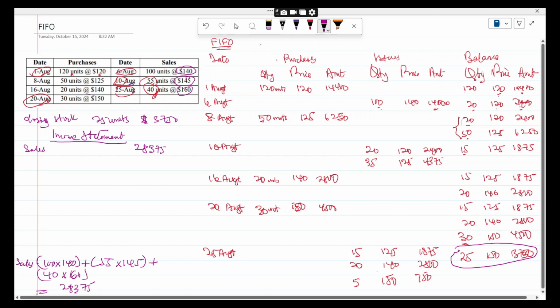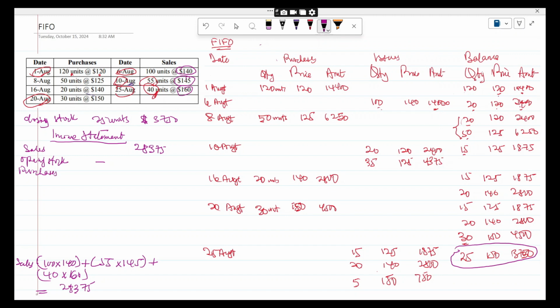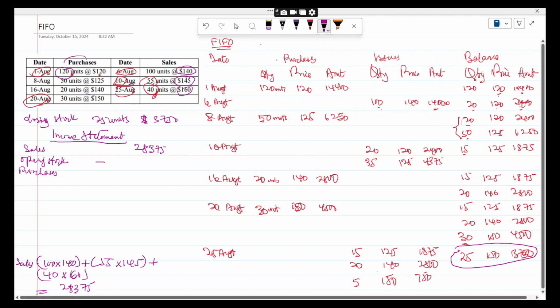So we need to add an opening stock. Here there's no opening stock. You add our purchases. How do we get our purchases? We also need to multiply this by this, because these are the purchases: 120 by 120, 50 by 125, 20 by 140, 30 by 150. When you look at here, you realize that it's the same thing that we have over here, right?